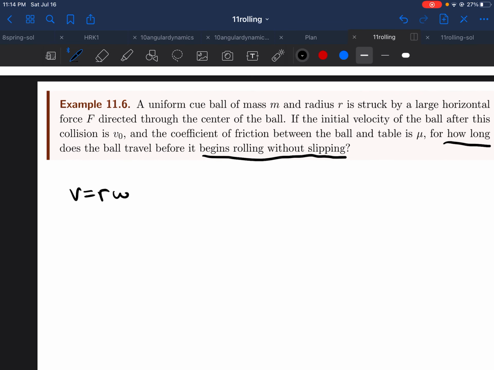Let's first notice that this ball starts off with a speed of v naught, and it starts off with an angular velocity of 0. Then we notice that friction is slowing this down, so let me use red for this, while friction is speeding this up.